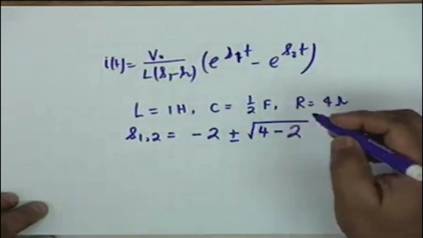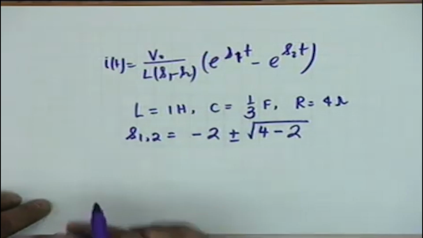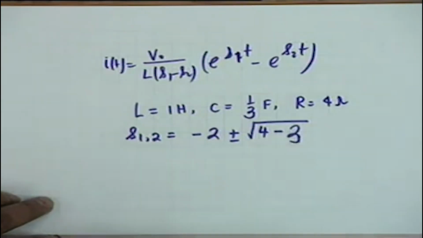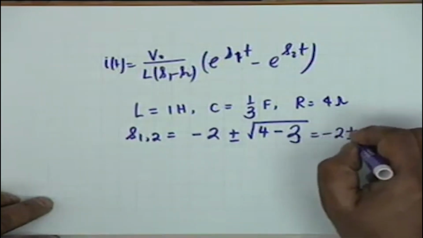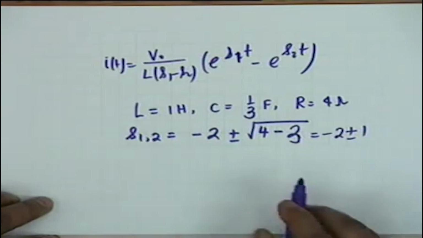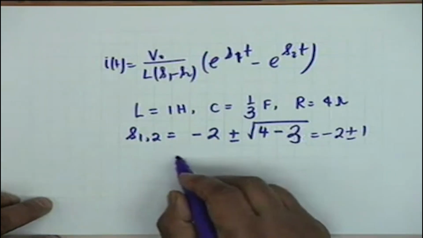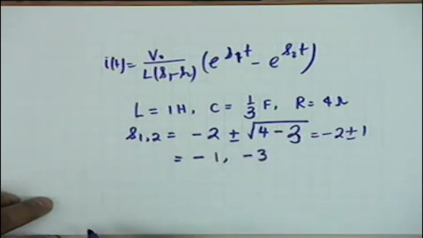Would you pardon me, let's take C as 1/3 farad. I want to keep life simple. Then this will be 4 minus 3, which means minus 2 plus minus 1. The roots are real, distinct and negative. So the roots are minus 1 and minus 3.